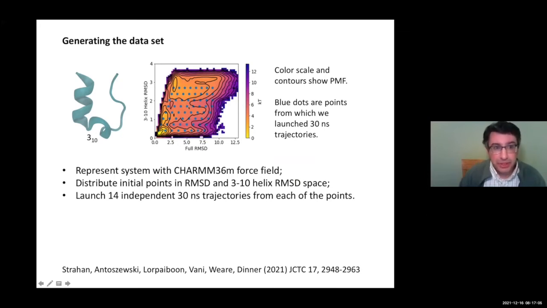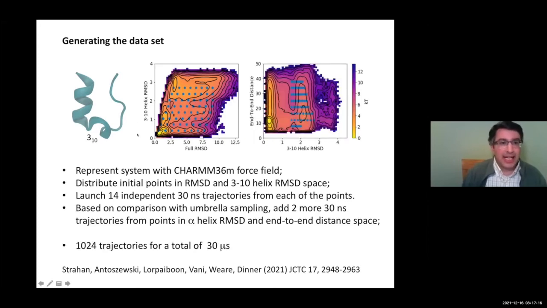So those are the blue dots here superimposed on the potential of mean force that I'm going to calculate in a moment. And when we did that, actually, we found that we hadn't adequately sampled the unfolding of this alpha helix. And so we actually added a second set of simulations where now we're distributing points in the end-to-end distance so that we can ensure that we unfold that alpha helix.